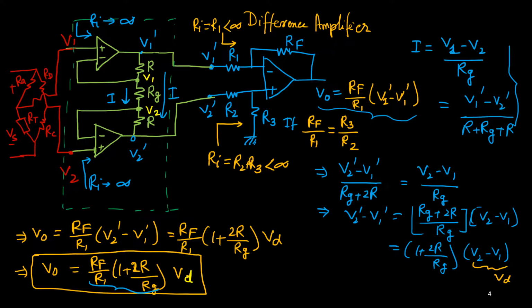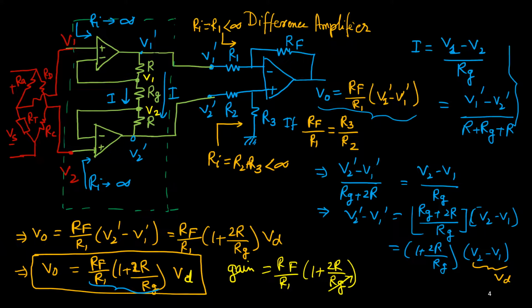So this gain can be varied using the RG only. The gain of this IC, Rf upon R1, is fine, constant. But the factor 1 plus 2R upon RG, this one we can vary, and that can be connected externally.